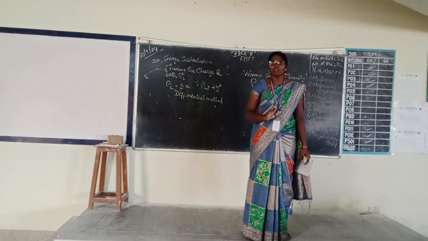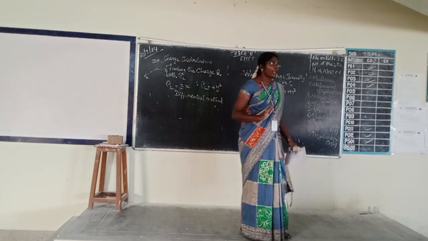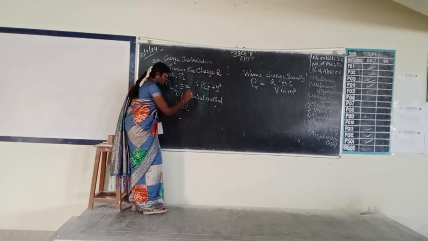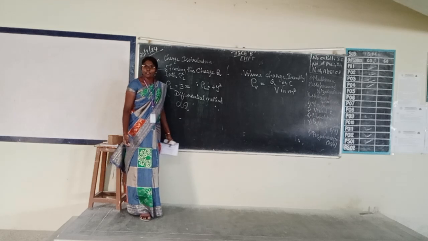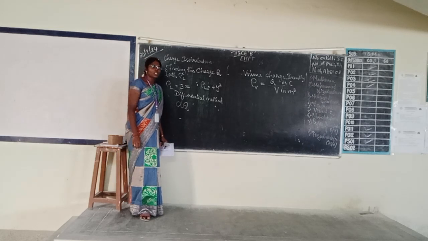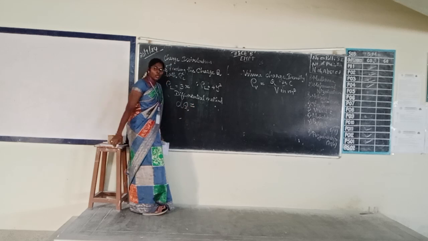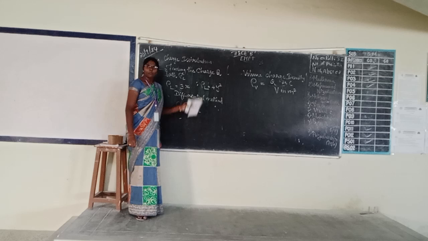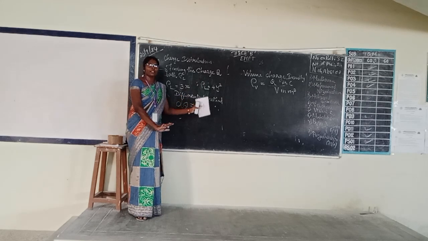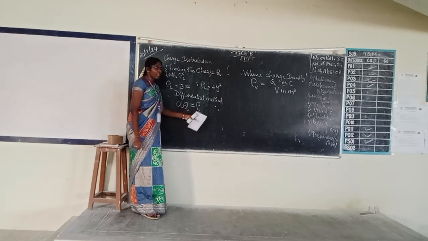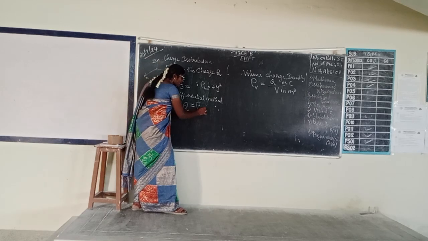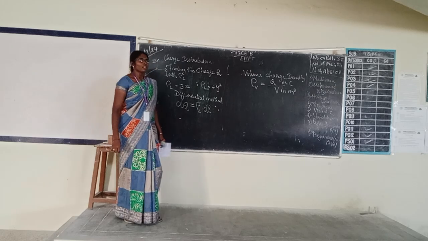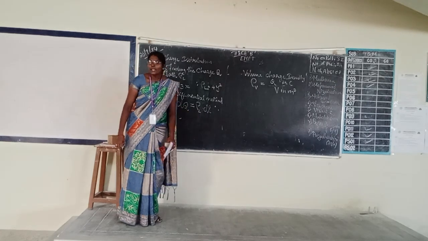The differential of charge, dq, is also unknown. We know the line charge density rho L, given in the coordinate where it lies, and for observation I have taken the length dl. So dq is equal to rho L into dl.